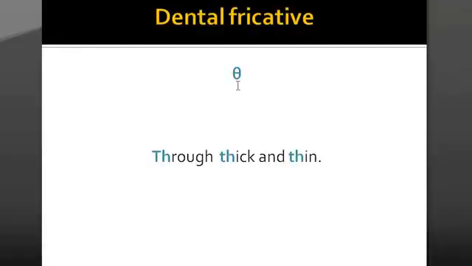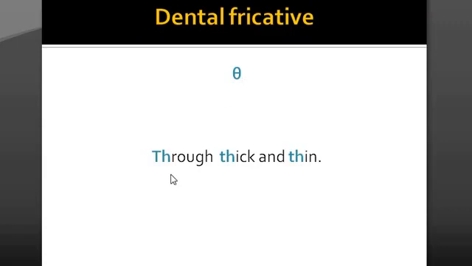I'm opening my mouth a little bit wider than I should because I want to show you what I'm doing here. But all you do is put the tip of your tongue between your teeth and breathe. And that's how you make this sound. Okay? So can you say this with me? First, say the sound.